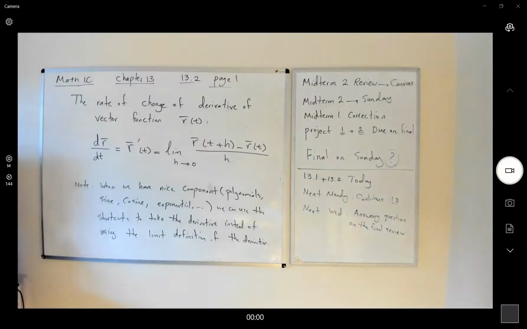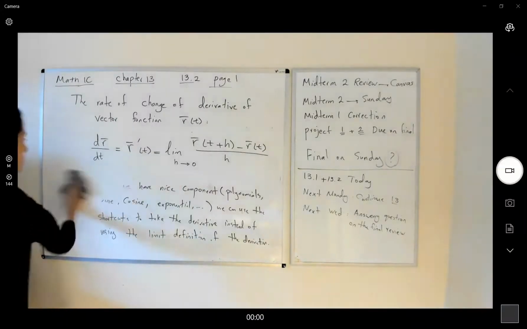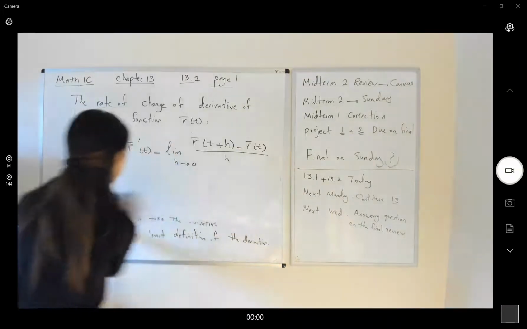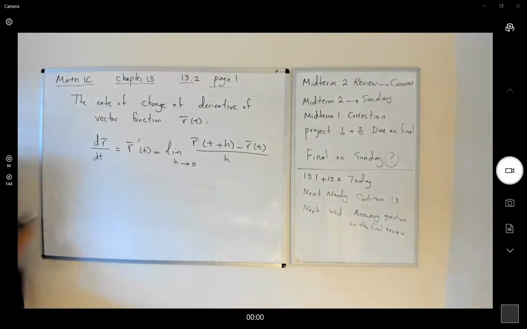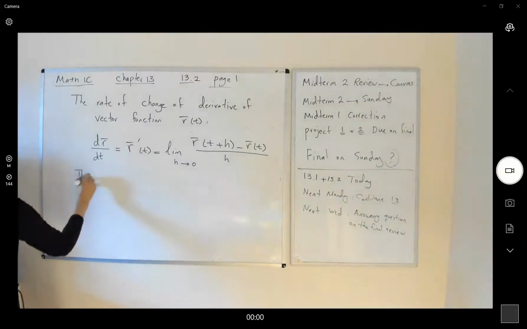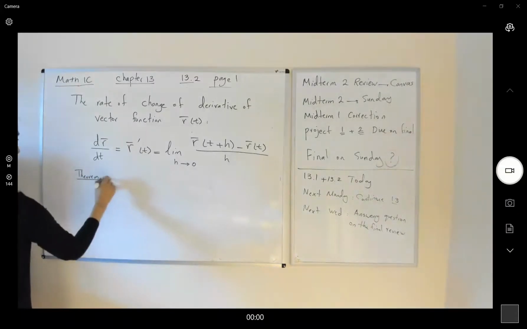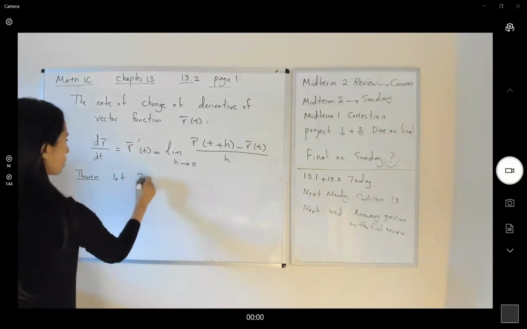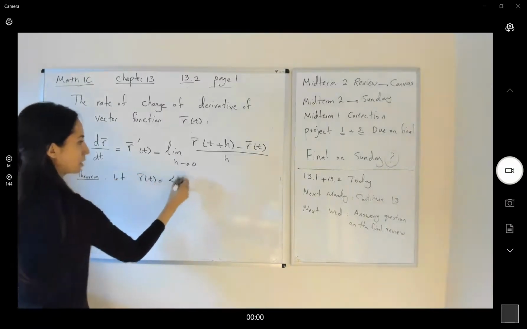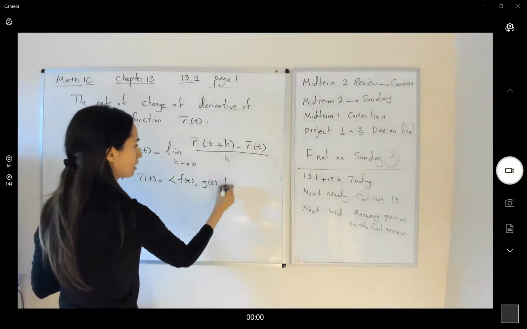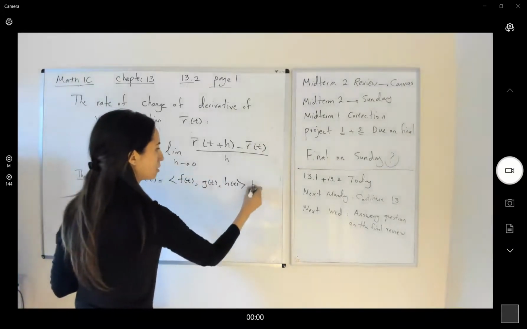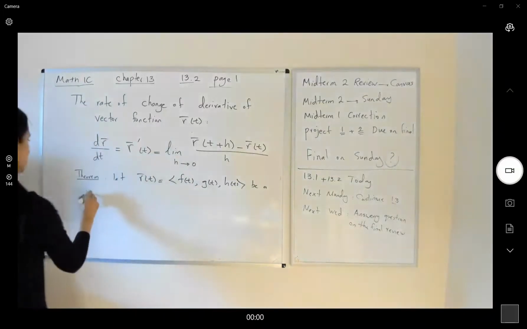So we have a theorem. Let's write down the theorem here. Let r(t) equal f(t), g(t), and h(t) be a vector function.